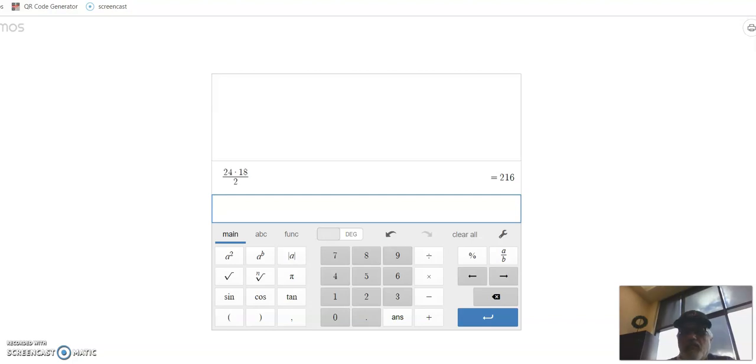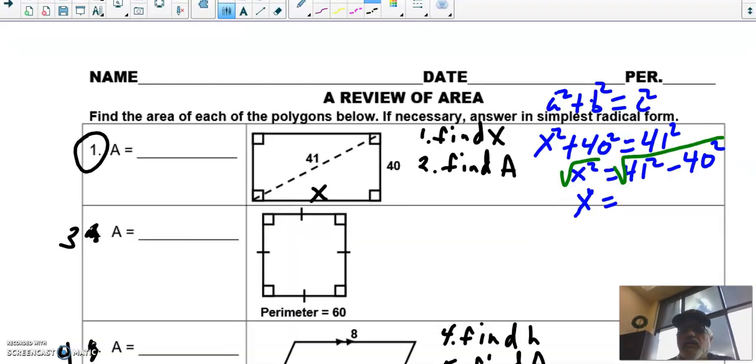I'm going to do my square root, put my 41 squared minus 40 squared, and I get 9. So I get 9 right here. That means my x is equal to 9.